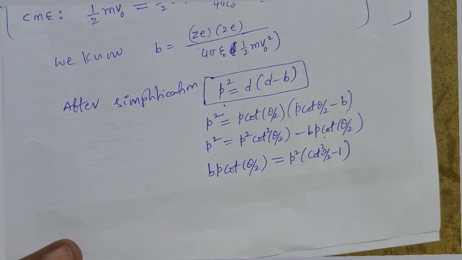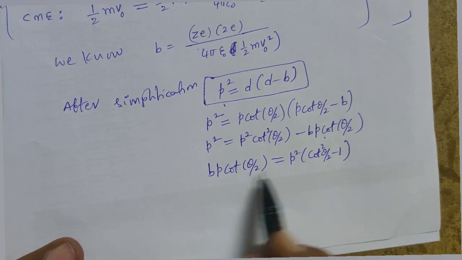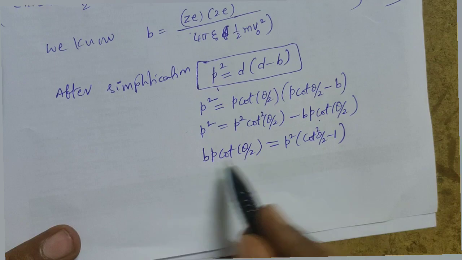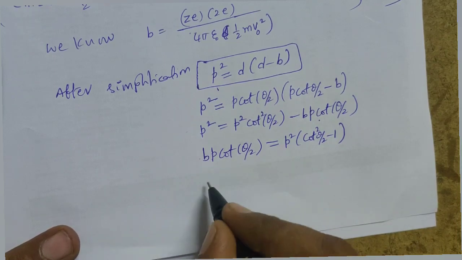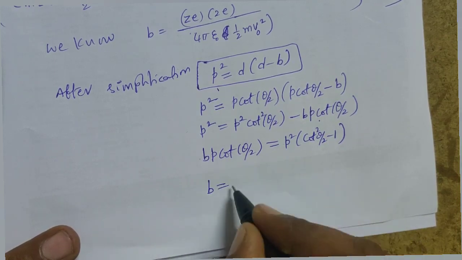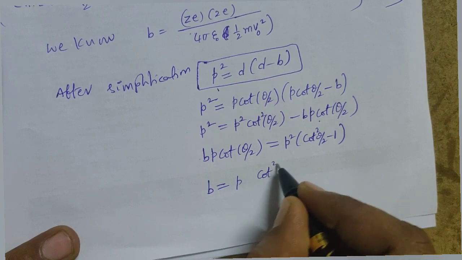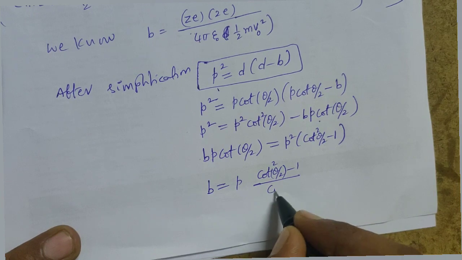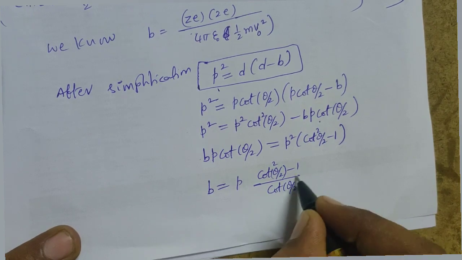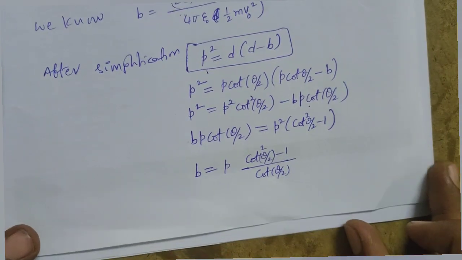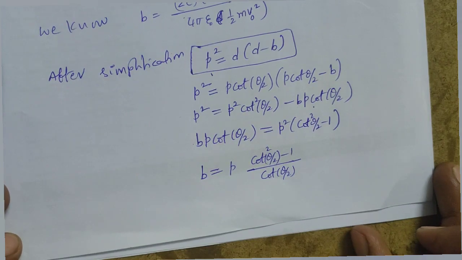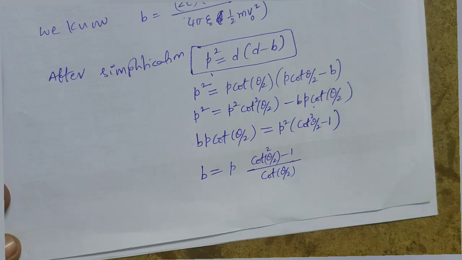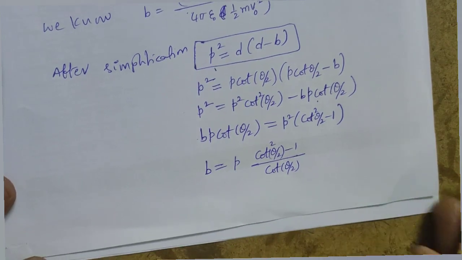Cot square theta by 2 minus 1, you bring this cot theta by 2 here. So 1 P cancels, only B is remaining here. So there is P, that is cot square theta by 2 minus 1 divided by cot theta by 2. You can write in terms of sin and cos and simplify this.